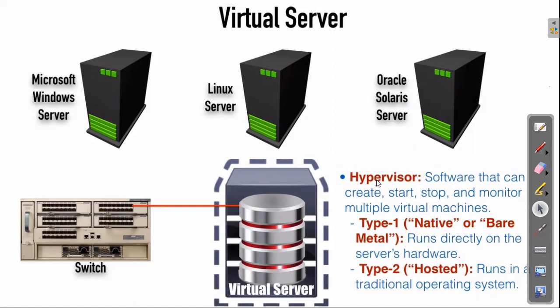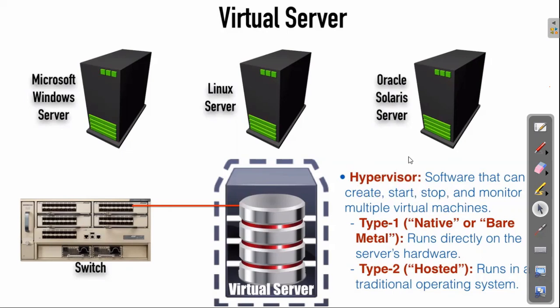Right? What are those hypervisors? VirtualBox is a hypervisor. VMware is there. Hyper-V is there, that is the product of Microsoft. Those are the hypervisors, so we can create machines and manage them. There are two types. One type is called bare metal, or native. That means in that type of hypervisor, we are not going to install an operating system.